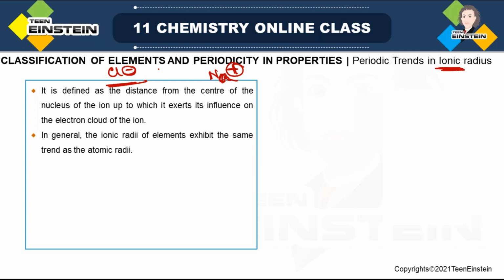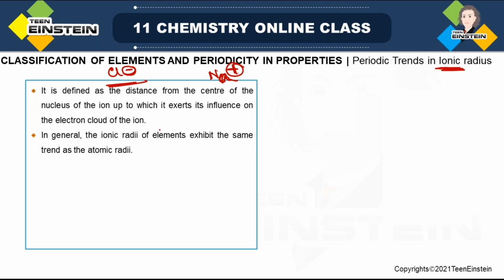Now how will we define ionic radius? It is defined as the distance from the center of the nucleus of the ion up to which it exerts its influence on the electron cloud of the ion. For an ion also, just like an atom, there is an electron cloud.